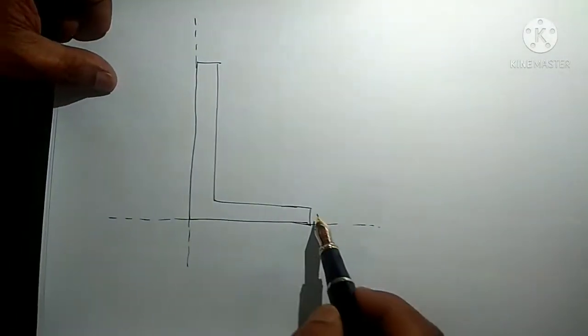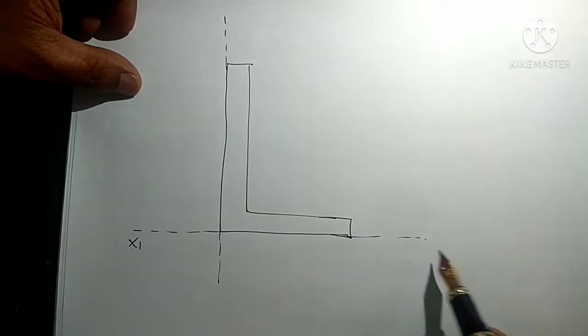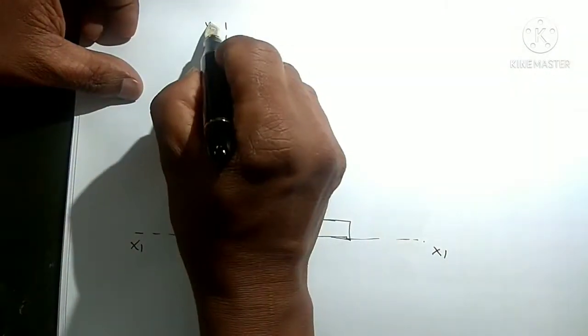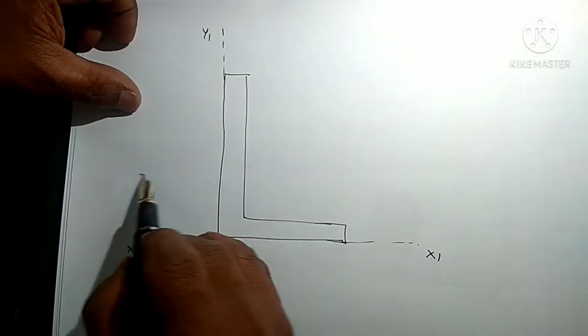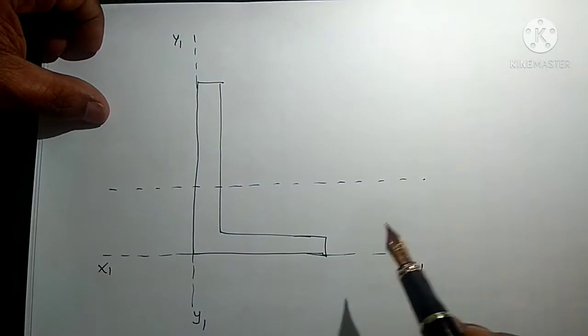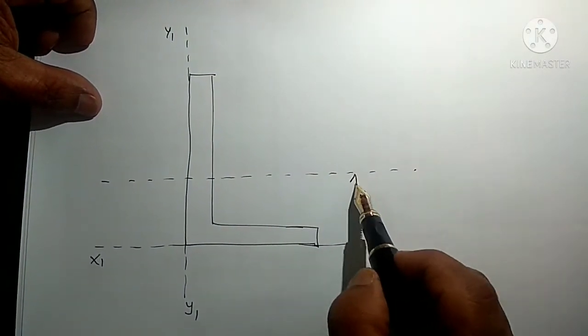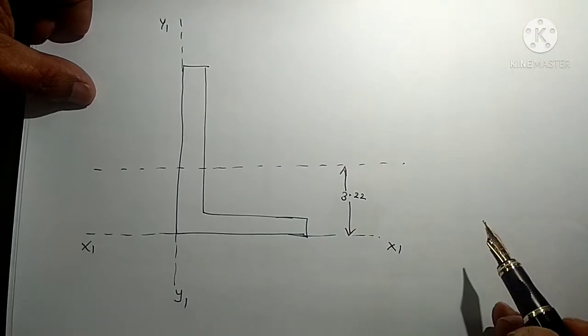So this is our lamina. This is our initial reference axis x1. This is our y1, and we found that the horizontal centroidal axis for the whole lamina is at a distance of 3.22 from this reference axis.